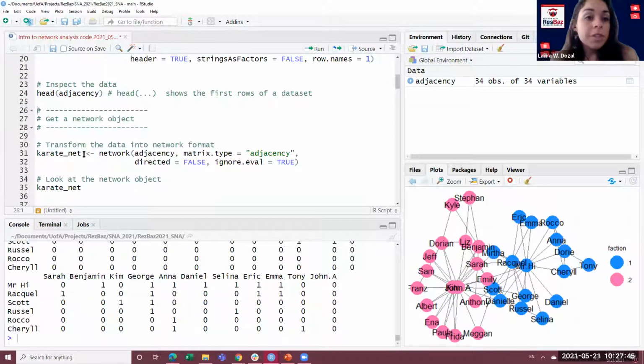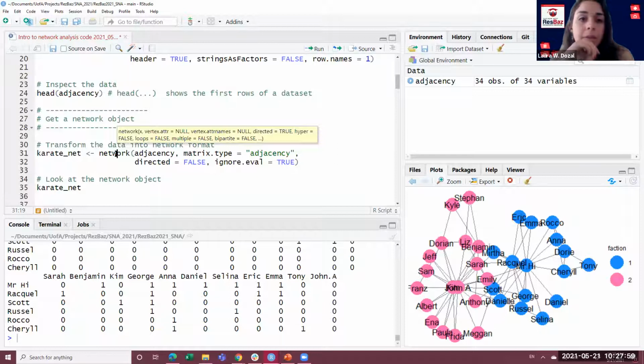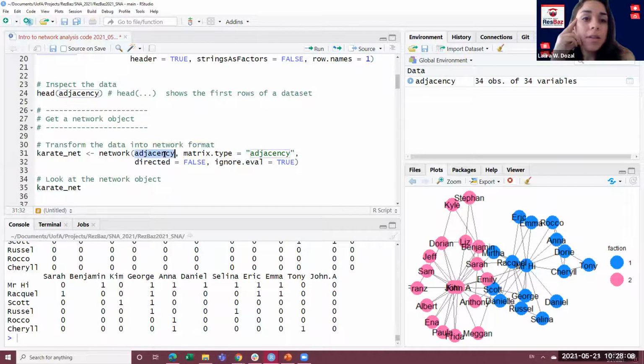So this is just a good way to get an overview of what you're looking at. So let's transform the data into a network format. Here we've just looked at our data as an adjacency matrix. But now we want to use this network function in StatNet, I believe, to create a network. So we're putting in the data, and we're giving the type of matrix, an adjacency matrix.